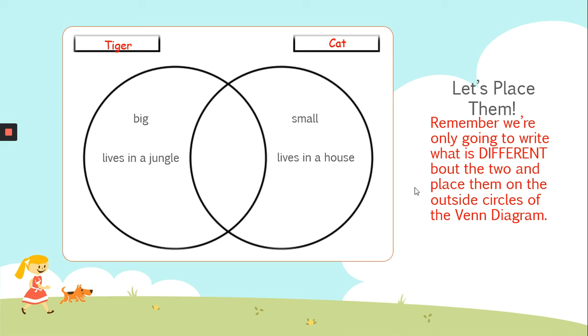What else is different? Most tigers are orange and black, and that cat was white and tan. Did you think of anything else that's different? Great job. Add them on the sides. Awesome contrasting.